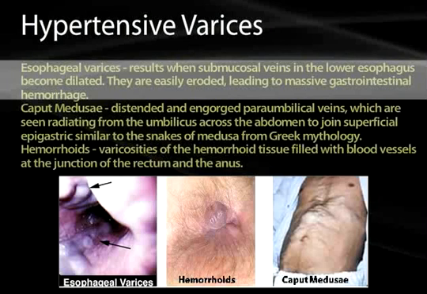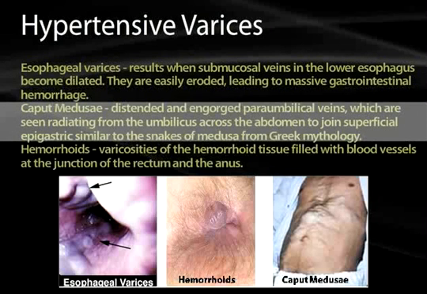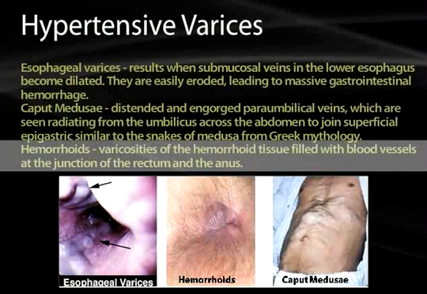On the anterior abdominal wall, they'll show up as a caput medusa, which is distended engorged para-umbilical veins that will radiate out from the umbilicus looking like the Greek mythology creature Medusa. And of course hemorrhoids, which are not all caused from hypertensive varices, but one cause of them is going to dilate the vessels at the junction of the rectum and the anus.